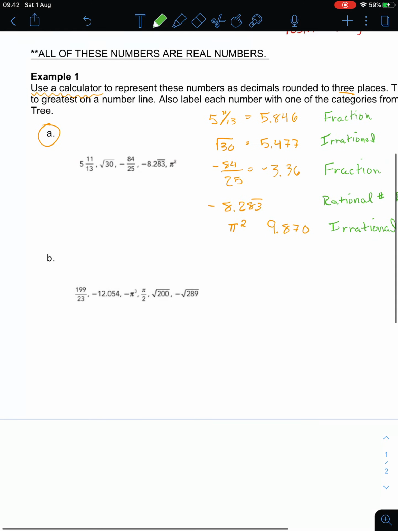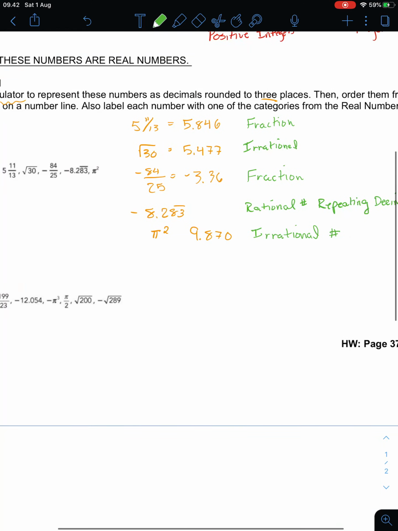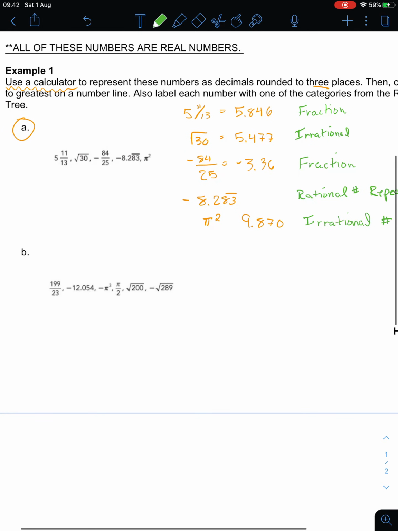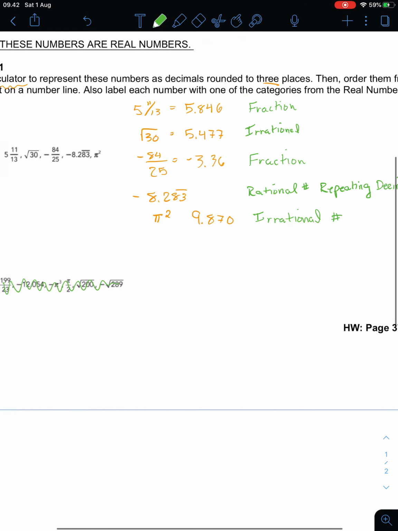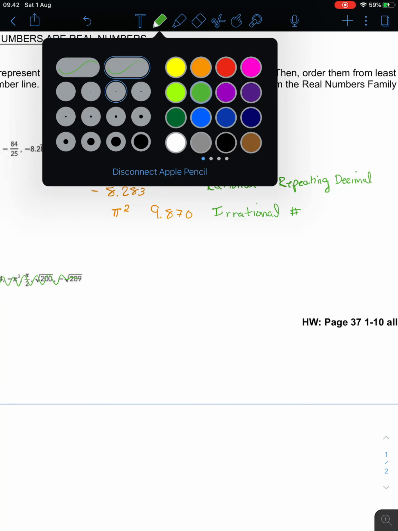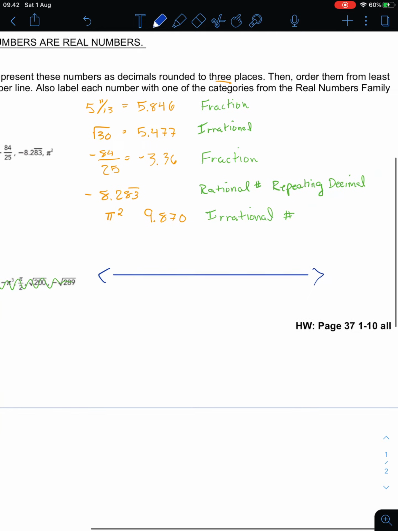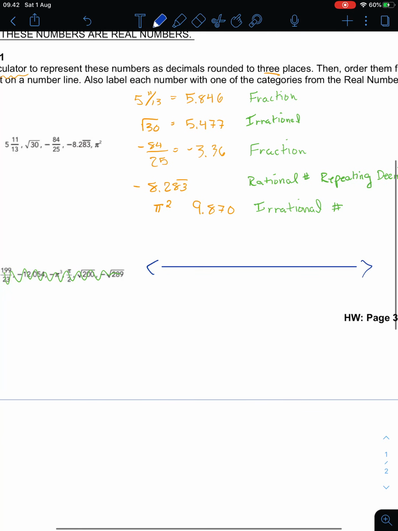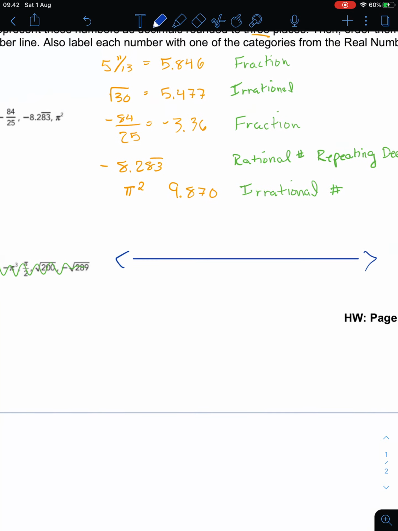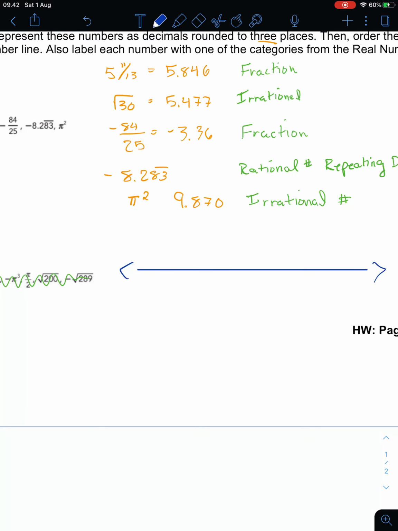All right, now it says to label these on a number line. And you guys, I'm not going to do example B today in these notes. So you can go and do this yourself if you need to practice. But I'm going to cross that out and draw my number line down here. There we go. So that's my number line. And now I'm going to label these from least to greatest, okay?